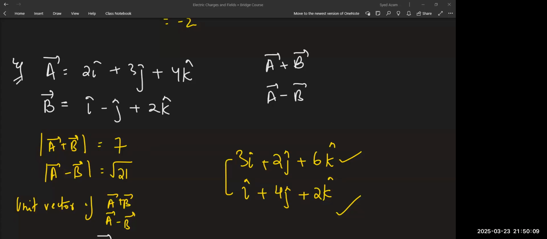Yes, ma'am. And this will be i cap plus 4j cap plus 2k cap by root 21. Yes, right. Or even you can separate the terms.